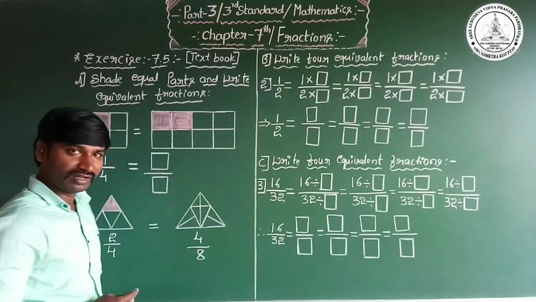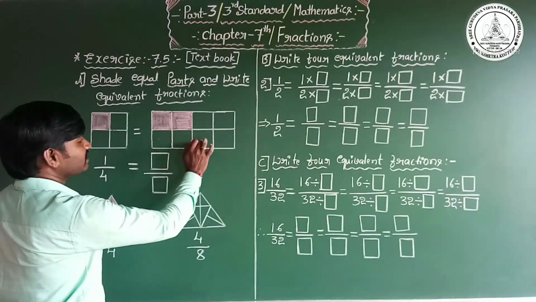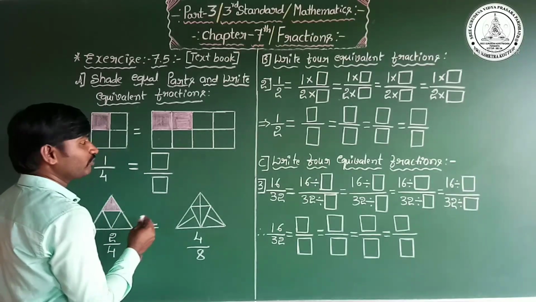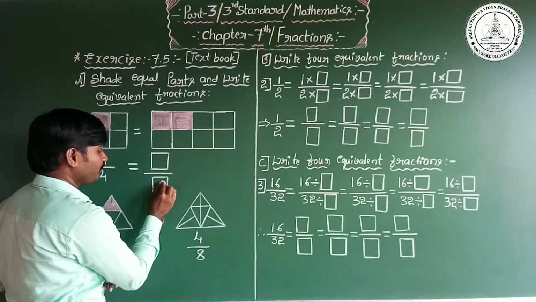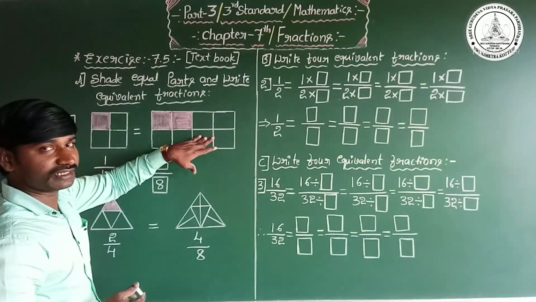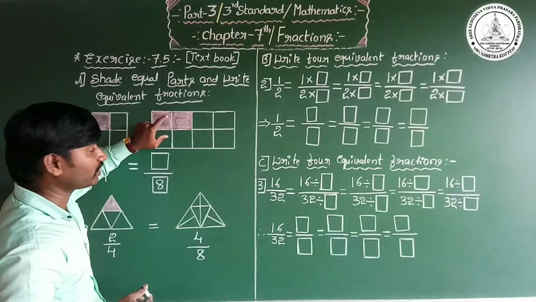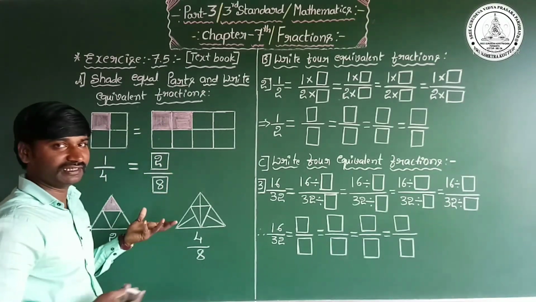Thus you find out here, this is one rectangle. Your total parts are 1, 2, 3, 4, 5, 6, 7, 8. How many parts is this figure divided into? 8 parts. Out of 8 parts, how many parts are shaded? 2 parts. That's clear.